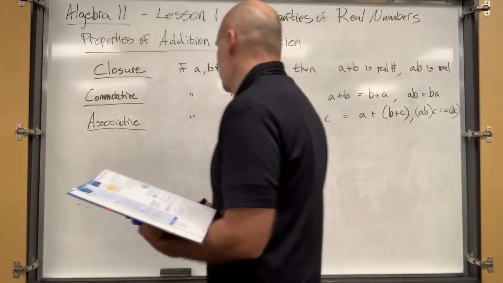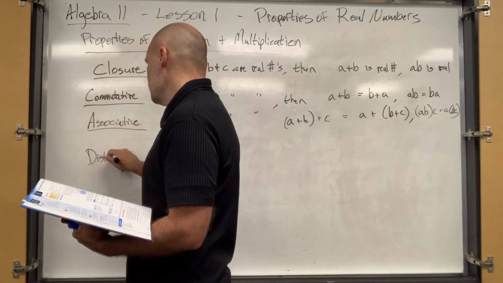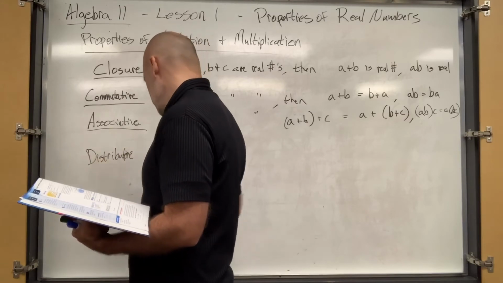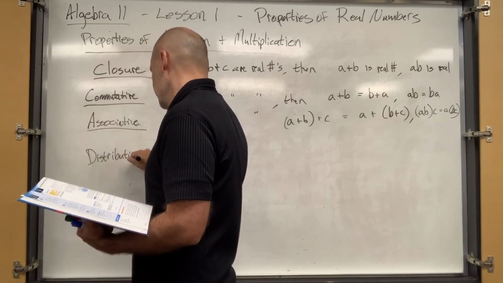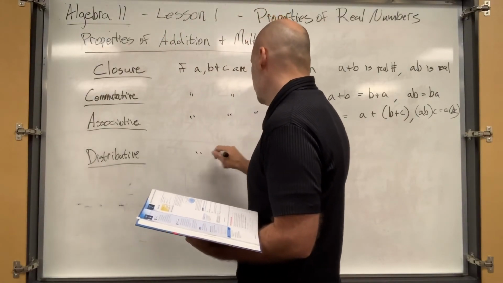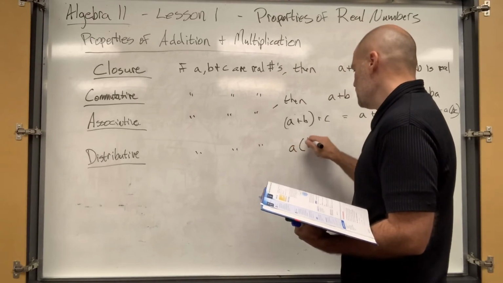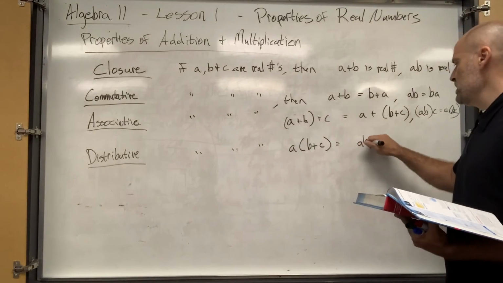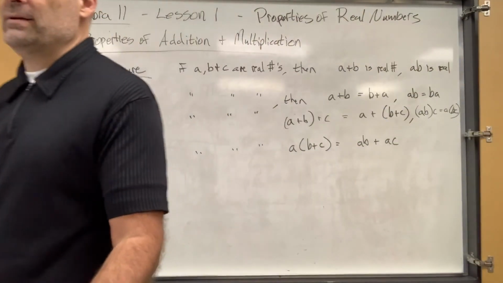Okay? So this is kind of a combination of two of these properties. This is called distributive. So same thing, same conditions. And A times B plus C equals A times B plus A times C. You guys did this a lot in Algebra 1.